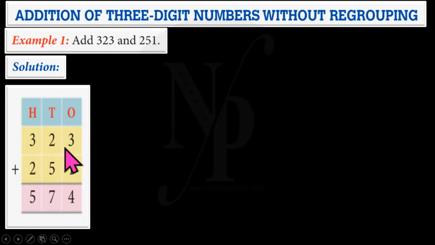So now we have to add these two numbers, and we always begin from the ones column. 1 plus 3 is 4, and 2 plus 5 is 7, and 3 plus 2 is 5. For addition, you may use your fingers or you may draw standing lines according to your convenience.